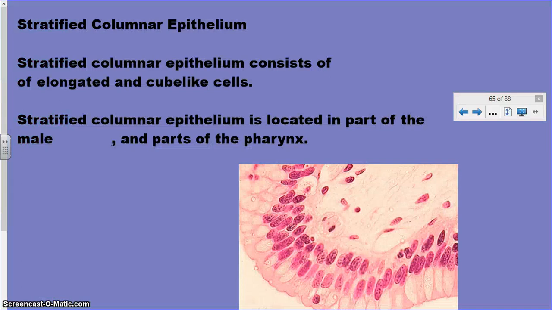Next up is stratified columnar epithelium. Stratified columnar epithelium consists of several layers, again, of elongated as well as cube-shaped cells. And it's located in part of the male urethra. The urethra is what conveys urine from your bladder out. And also parts of your pharynx.